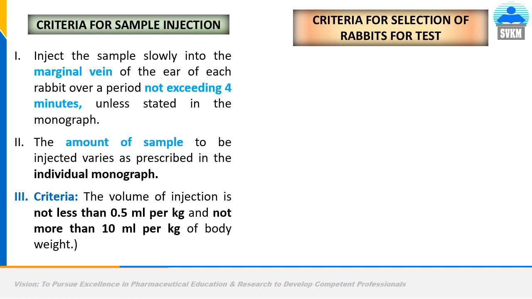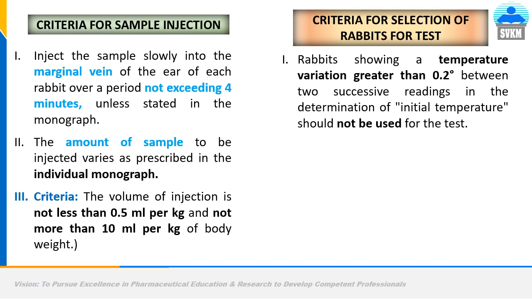of the body weight of the rabbits. When we select the rabbits, we have to keep in mind that if rabbits show temperature variations greater than 0.2 degrees Celsius between the successive readings taken for determination of the initial temperatures, then we do not use these animals.